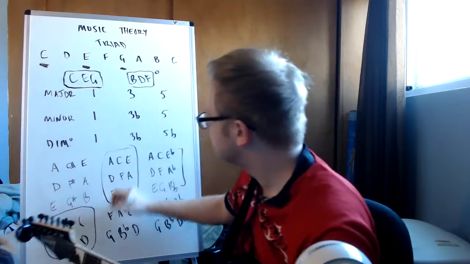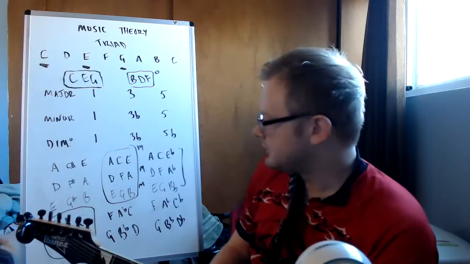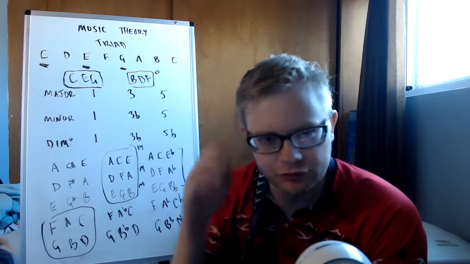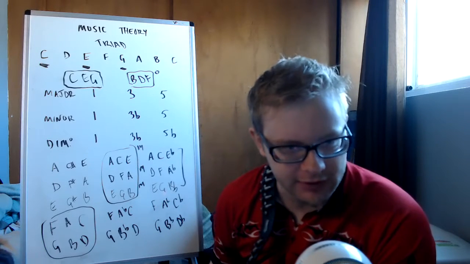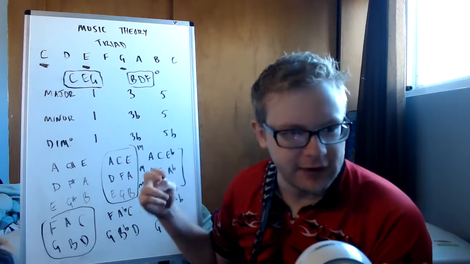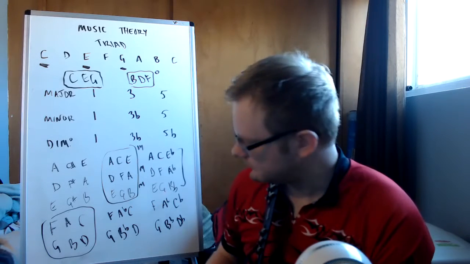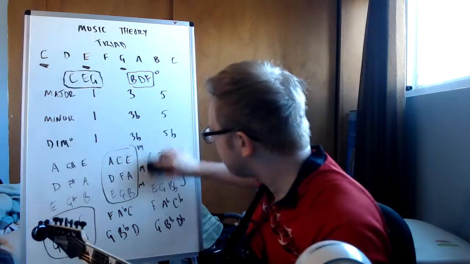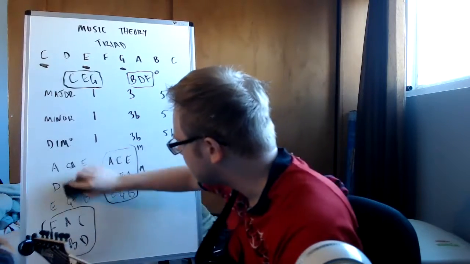So this is diminished, this is minor, this is minor, this is minor, and the rest are major. All right, so that's a secret strategy to memorize the triads without having to calculate anything. You just memorize these: C E G, B D F, A C E, D F A, E G B, F A C, G B D, and then realize that these chords are specific chords, and I'll write them next to the triad.